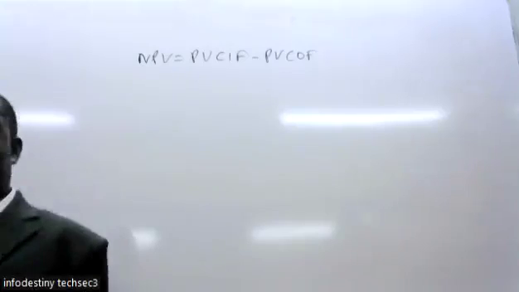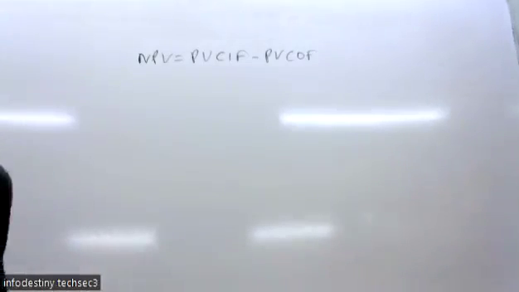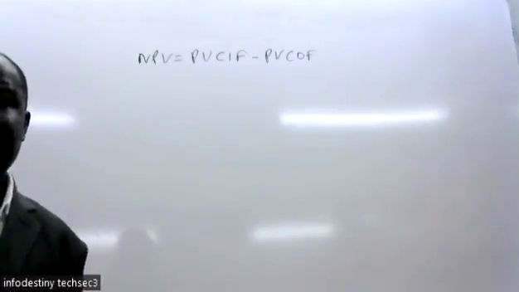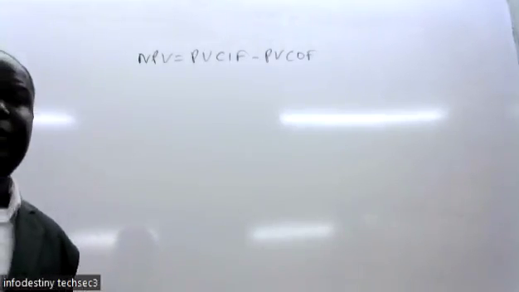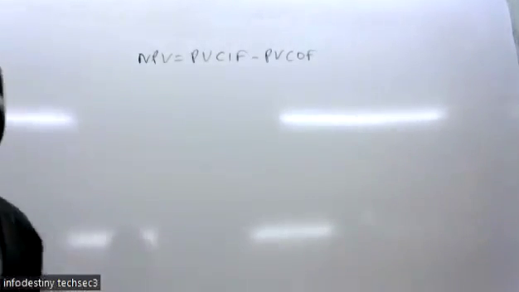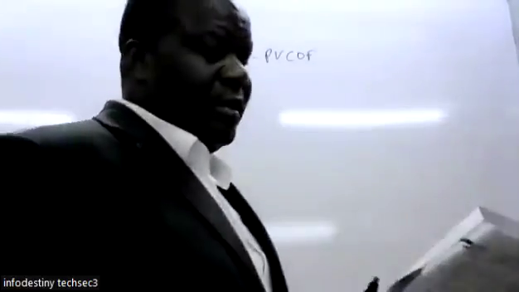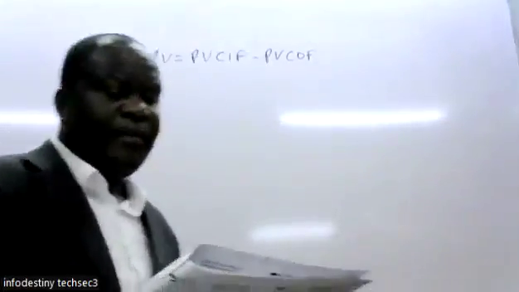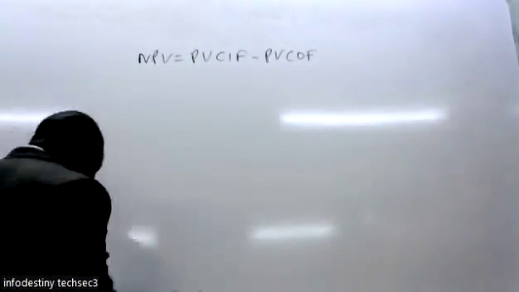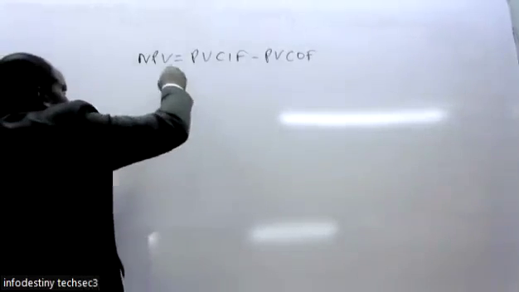When you want to get the NPV, it is normally the present value of the cash inflows, and we subtract the present value of the cash outflows. So what we need to get also is the total initial cost.